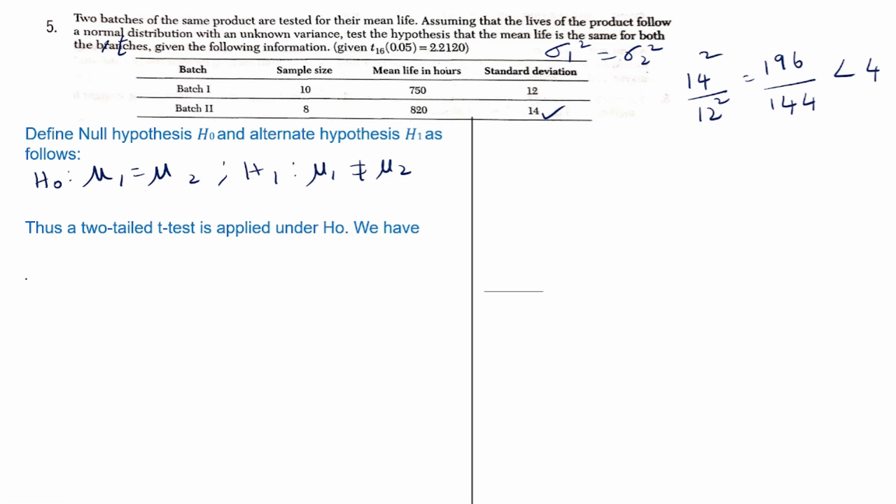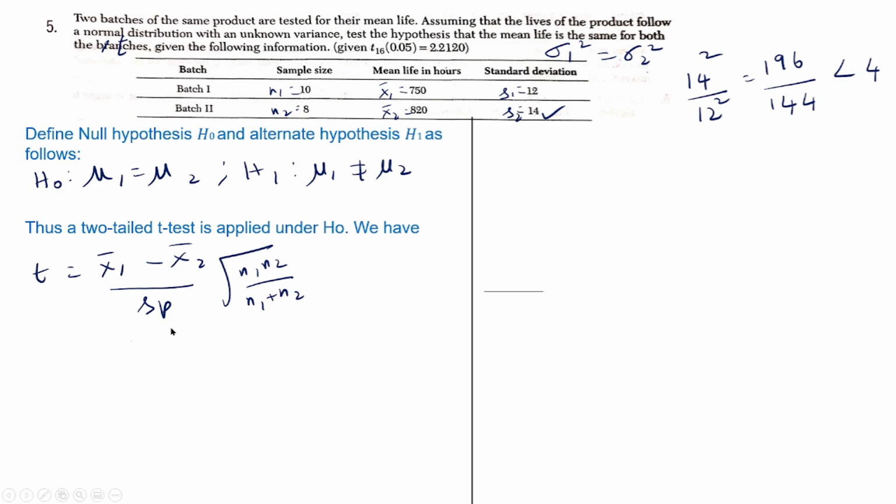Under H0 we have t is equal to x1 bar minus x2 bar upon sp into root of n1 n2 upon n1 plus n2. Everything is given here. This is n1, this is n2, this is x1 bar, x2 bar, this is s1 and this is s2.